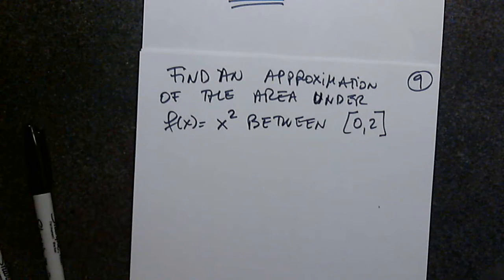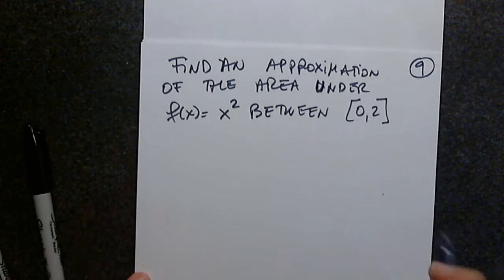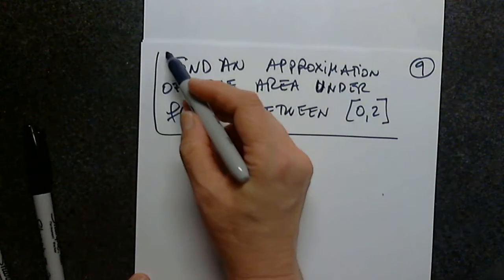Find an approximation of the area found under the graph of x squared between 0 and 2. This is our first task.